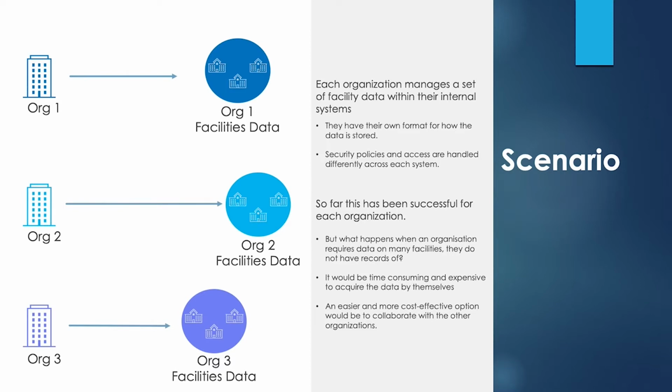But what happens when an organization acquires data on many facilities they don't have records of? Now, it would be very time-consuming and expensive for them to go out and acquire this data all by themselves. One potential option, which is easier and more cost-effective, would be to collaborate with the other organizations so that they can share the data amongst each other.